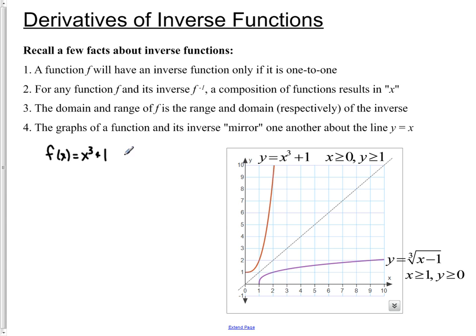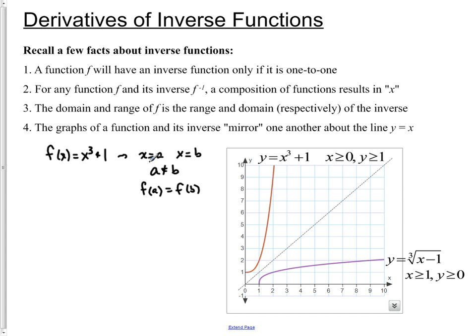But even more than that, we know that if there are any two values x equals a, x equals b, where a does not equal b, then f of a only equals f of b if and only if a is equal to b.